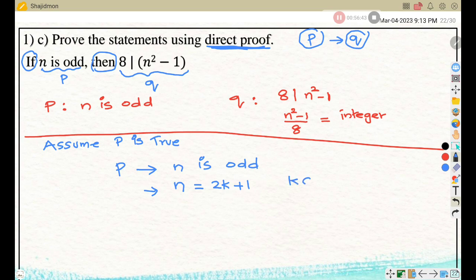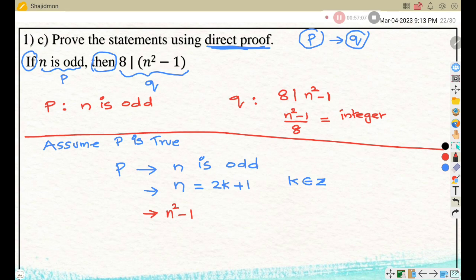Where k belongs to Z, integer number. Now what we need to check actually, n square minus 1 divided by 8 is an integer or not? That is the question. So just start with n square minus 1, because we are checking 8 divides n square minus 1, correct?